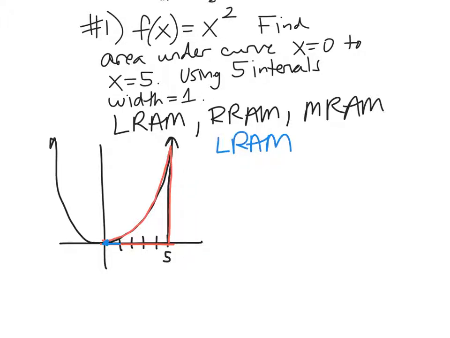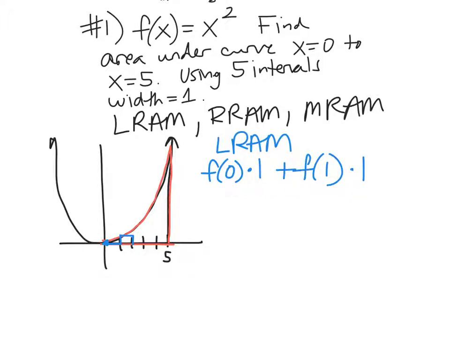So you're basically going to do F of 0 times 1. The F of 0 gives you the left height. 1 is always the width. See how 1's the width of all of these? Okay, plus. Now we're going to do the next rectangle, which is F of 1 times 1.